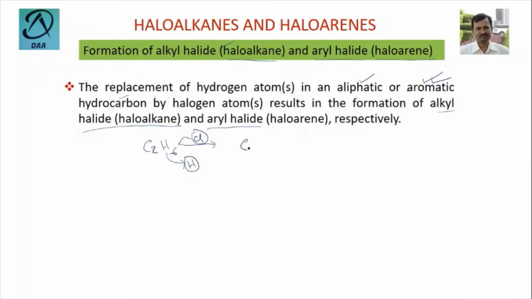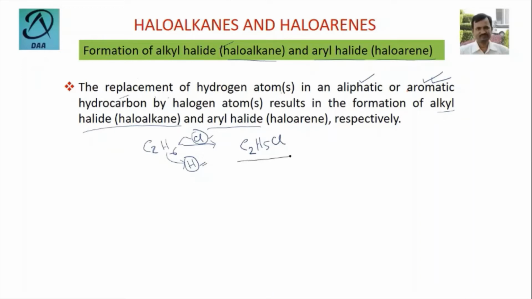Then it will be C2H5Cl. So now we understood that from the aliphatic hydrocarbon, by the replacement of a hydrogen atom, or more than one atom, we can replace them by halogen atoms. Here we consider chlorine atoms.